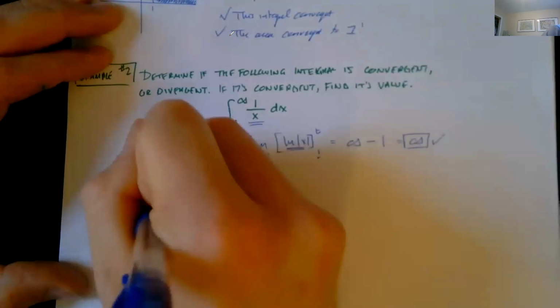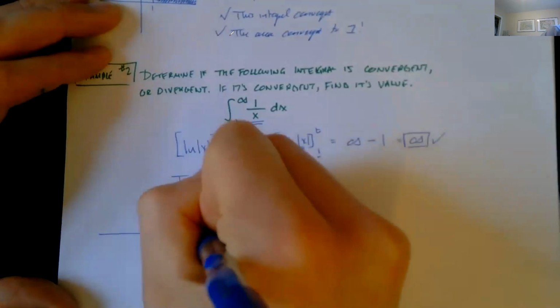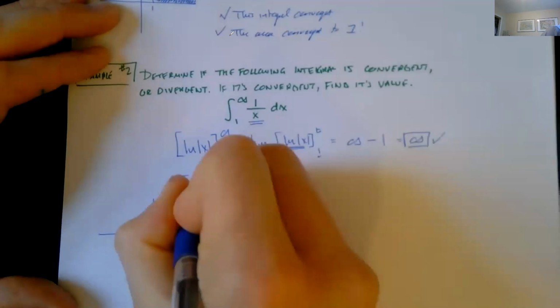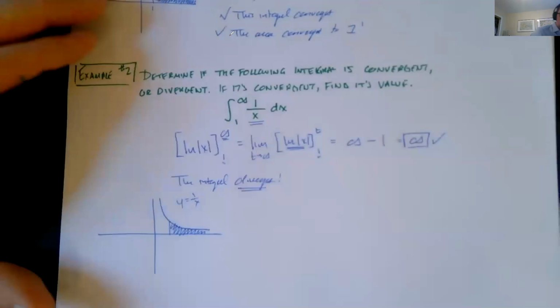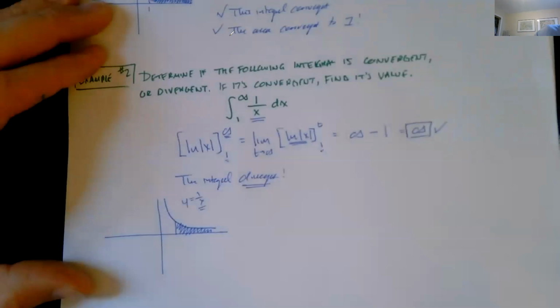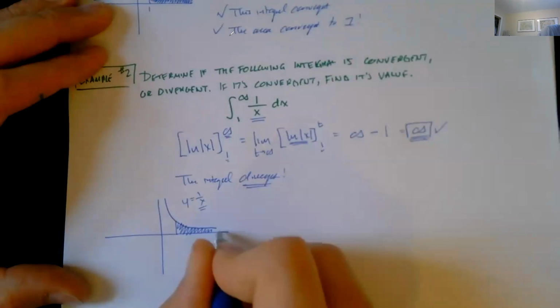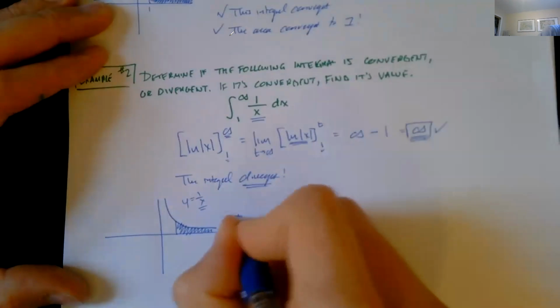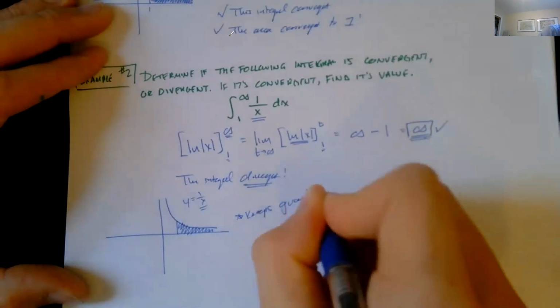Let's think about what's happening here graphically. Our graph here looks very similar to the previous one. However, this is 1 over x, and what we just showed is that this area keeps growing to infinity. So we might make a note here, keeps growing.